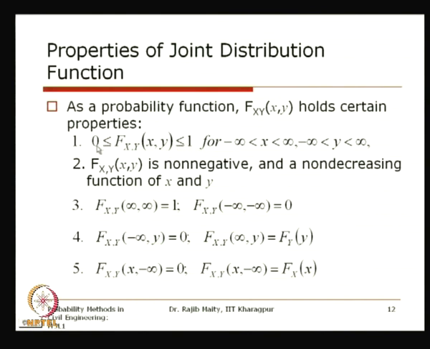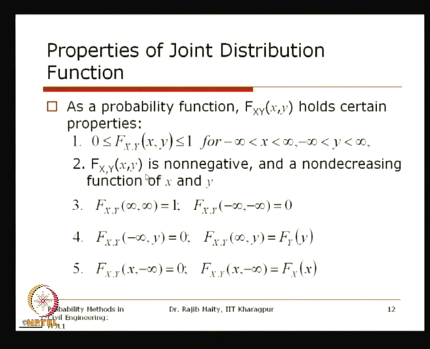Its lower limit is 0 and its upper limit is 1, and x and y can take any possible values from minus infinity to plus infinity. So these specific values are over the entire range of the real axis.